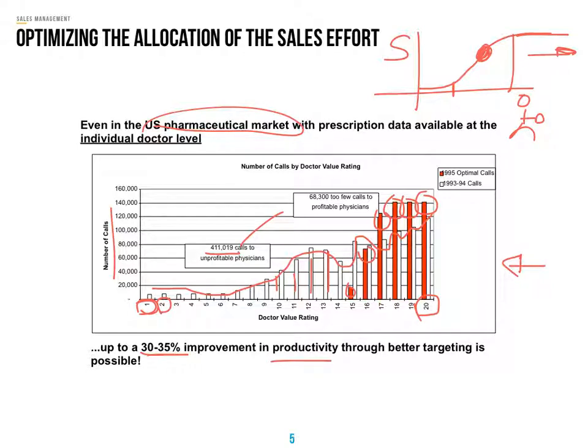This is basically what is happening, because different segments of customers might have different sales response functions. A doctor that prescribes very little might have a response function like this, because no matter how many times you visit him or her, he or she is not going to prescribe more than X. But if you go to a very famous and popular doctor, you might get many more prescriptions.